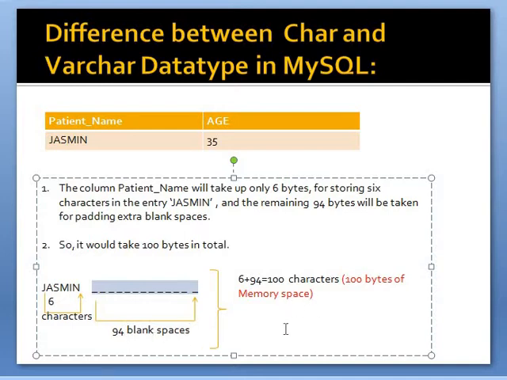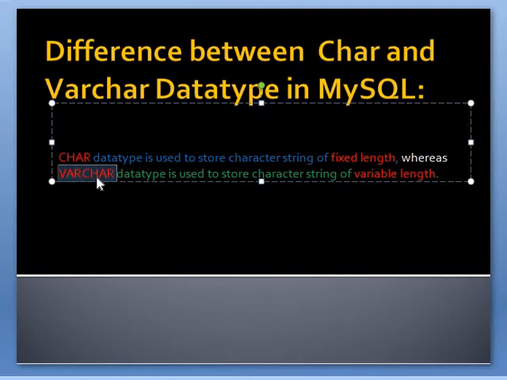As a result, just to eliminate the wastage of such memory spaces, the varchar data type has been introduced, which is also used to store character string but not of fixed length. This varchar data type can be used to store character string of variable length.